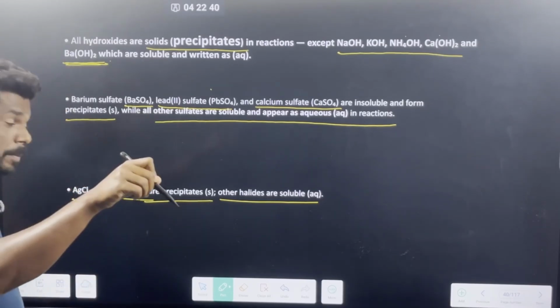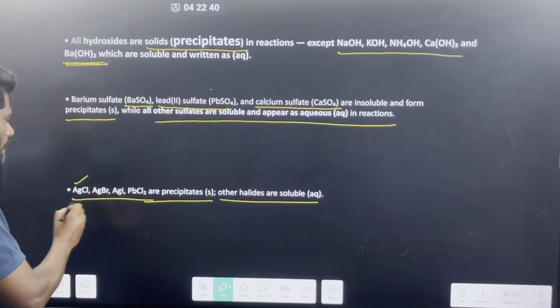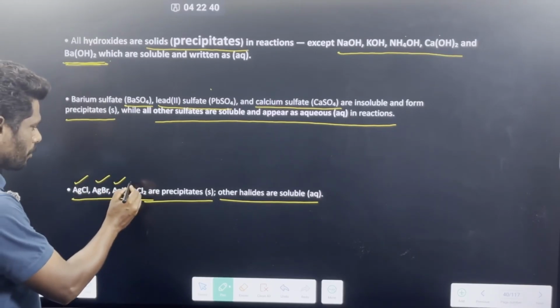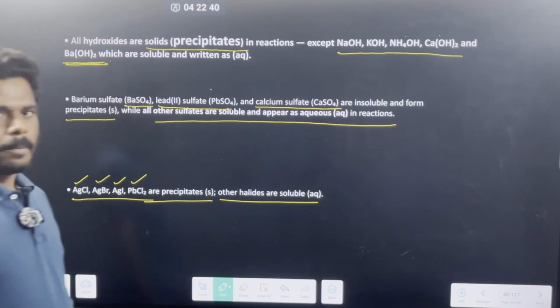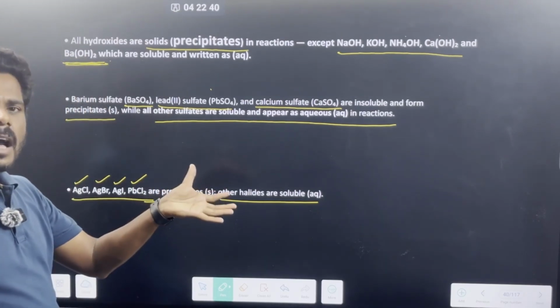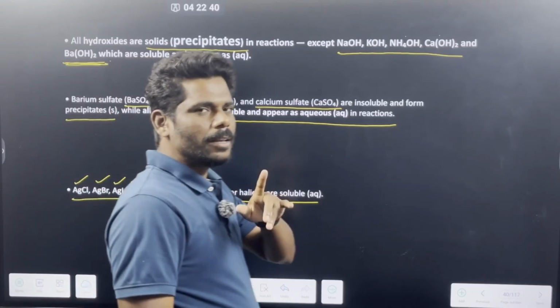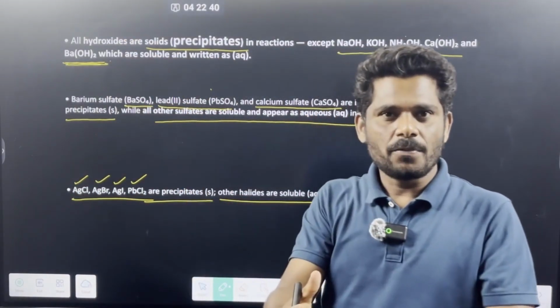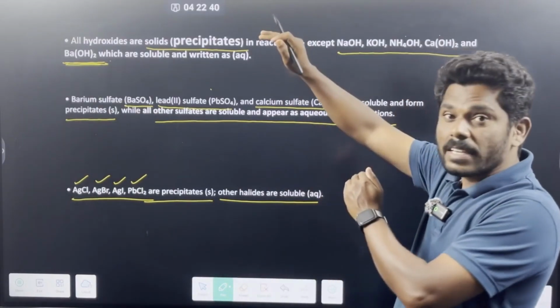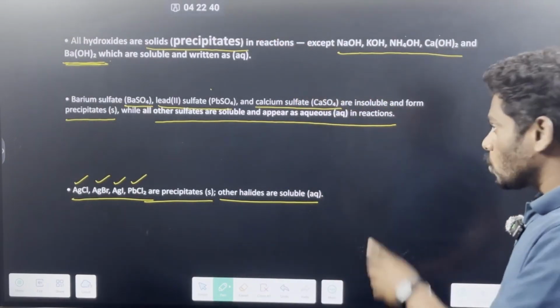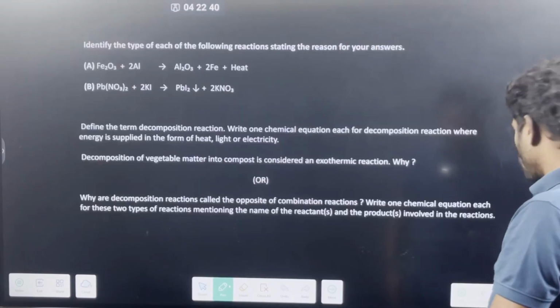Which halides should be written as precipitates? Silver chloride, silver bromide, silver iodide, and lead chloride. The remaining halides are aqueous solutions because they are soluble in water. So this is how to identify the physical states of the reactants and products in a given chemical equation, usually to make the chemical equation more informative.